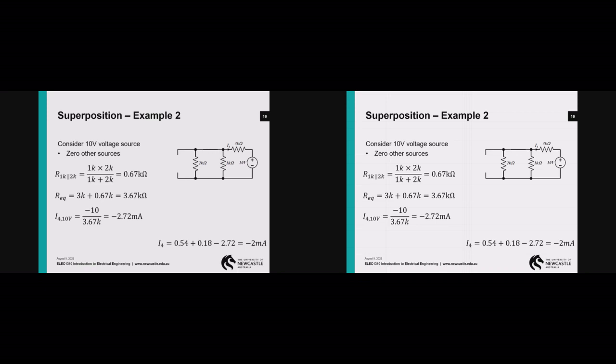Yeah. So if the current source was sitting in here and you made it a 0, which is an open circuit, then your conclusion would be that that voltage source doesn't produce any current in I4. Yep. All right, I will keep moving on.